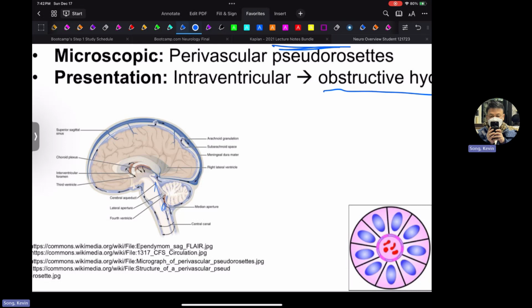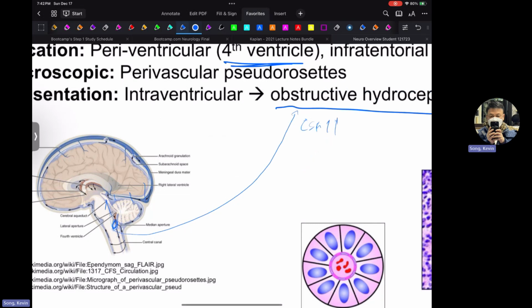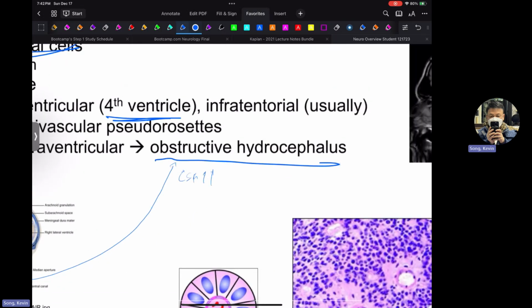Pressure will build up, and because of this blockage, you have the CSF backed up in the ventricles. So it's called obstructive hydrocephalus, because of the block in the fourth ventricle.